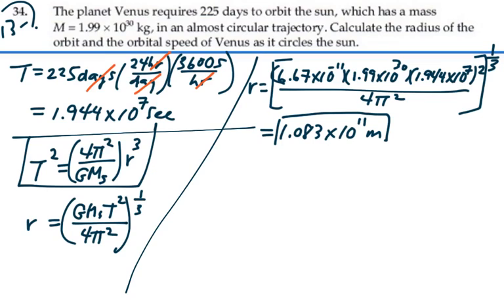That is the radius of Venus's orbit, just about 2/3 the radius of Earth's orbit.